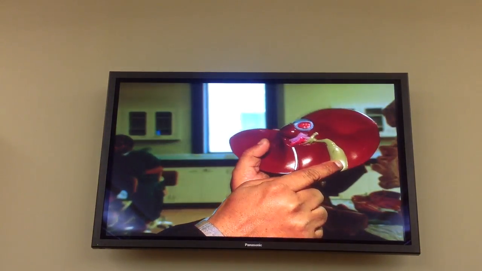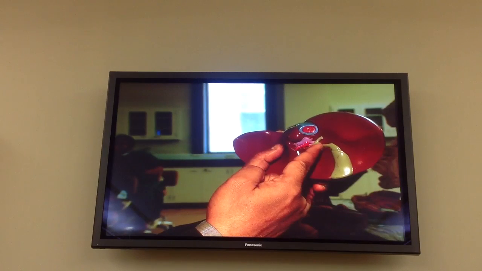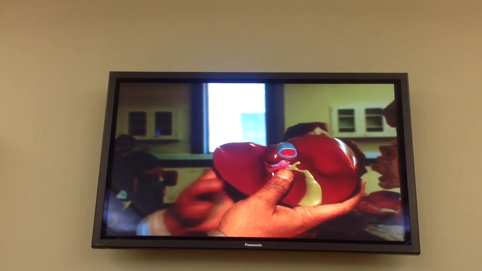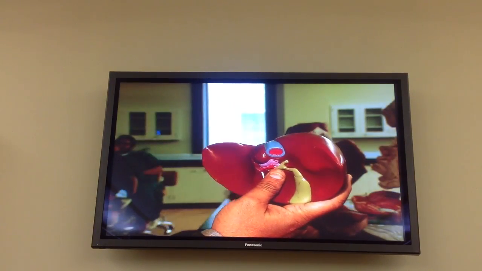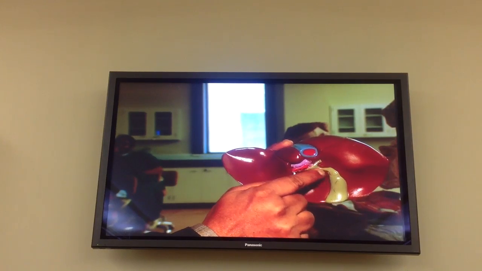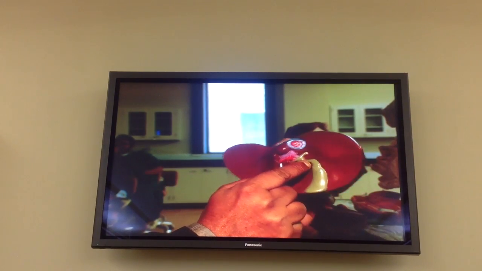Gallbladder. Gallbladder ends up in a duct which is called? Cystic duct. This gallbladder ends up in cystic duct.